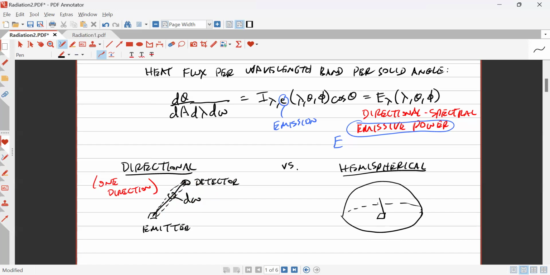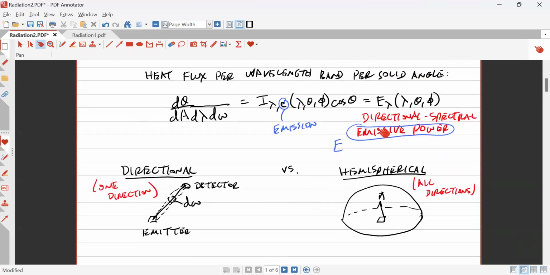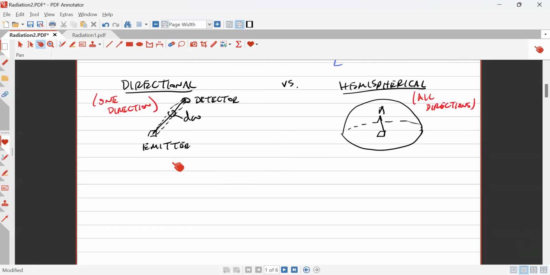So again, if the normal vector is pointing up, it basically captures all the radiation leaving the surface. So you can say here then that this encompasses all directions. So in our case here, the directional spectral emissive power, the directional side of this means that you're only detecting it in one direction. And we see that with this d omega here in the denominator.